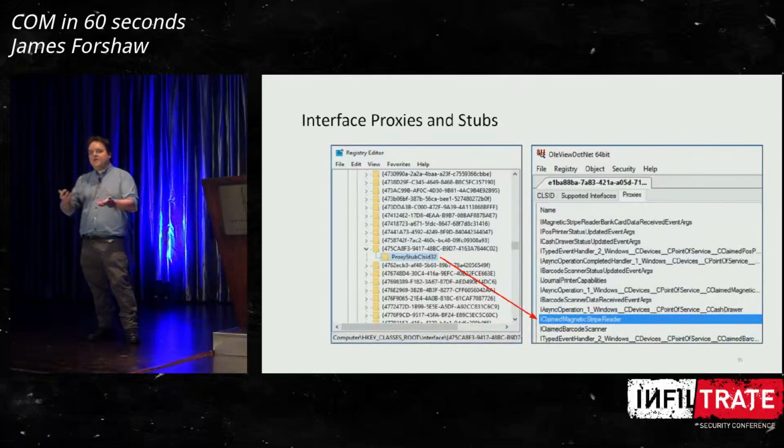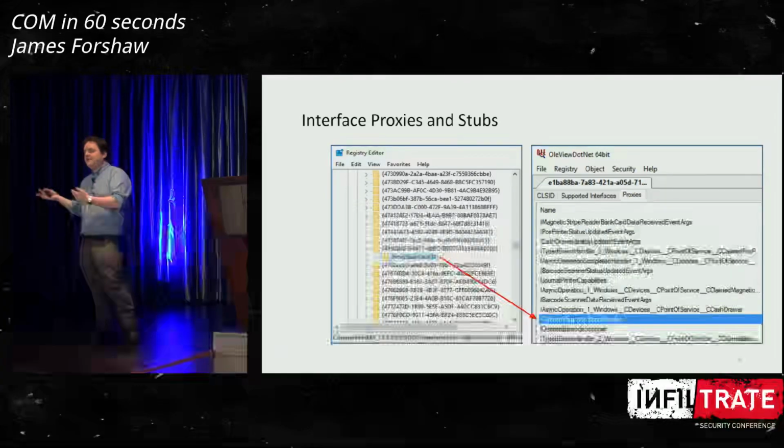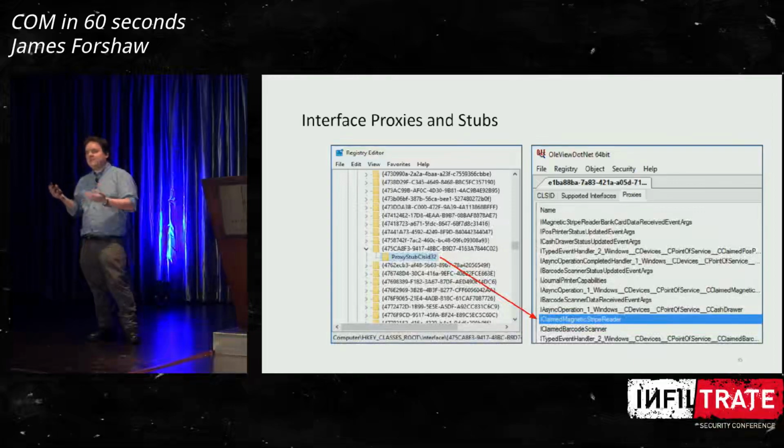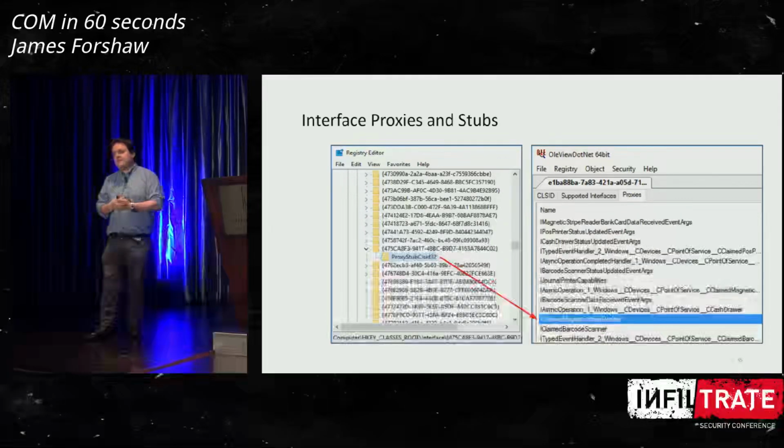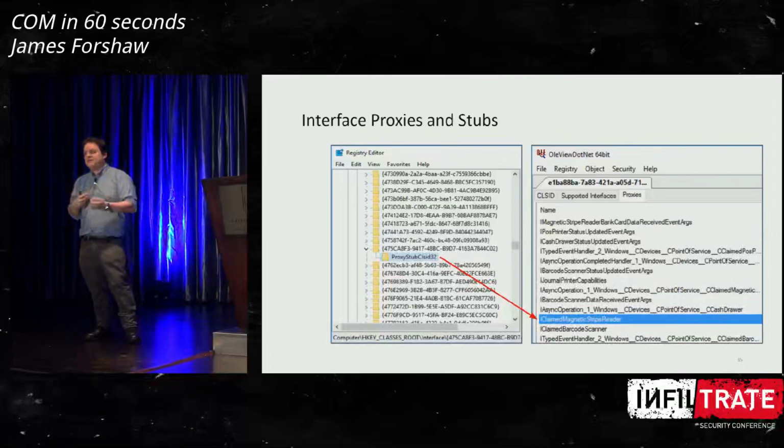If I want to implement a new interface, and I want someone to potentially be able to call it, that person needs my IDL and would need to compile it into their application. And so it just doesn't really scale. So COM instead provides proxies and stubs which are created using the same in-process server activation mechanism.